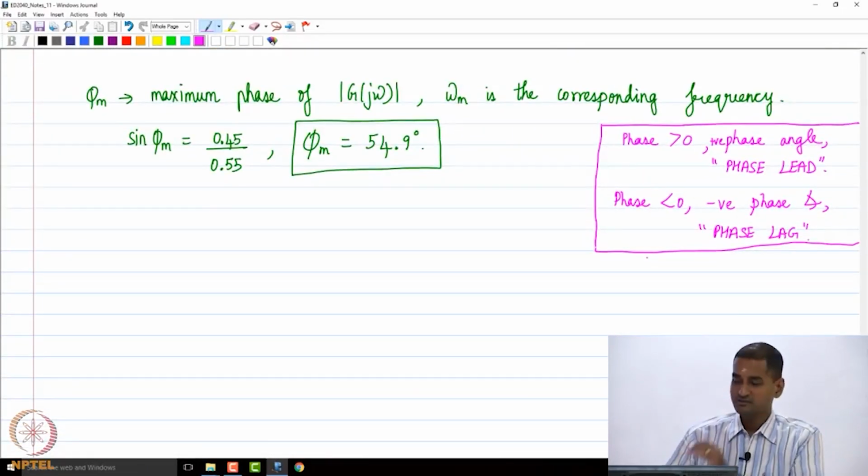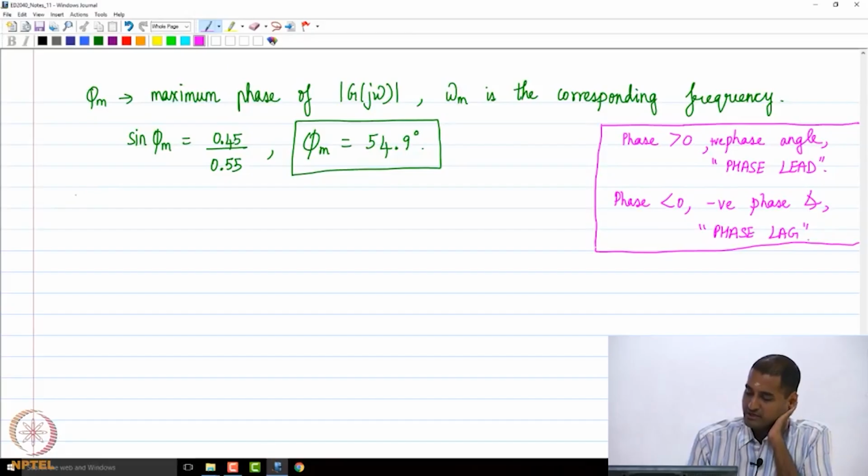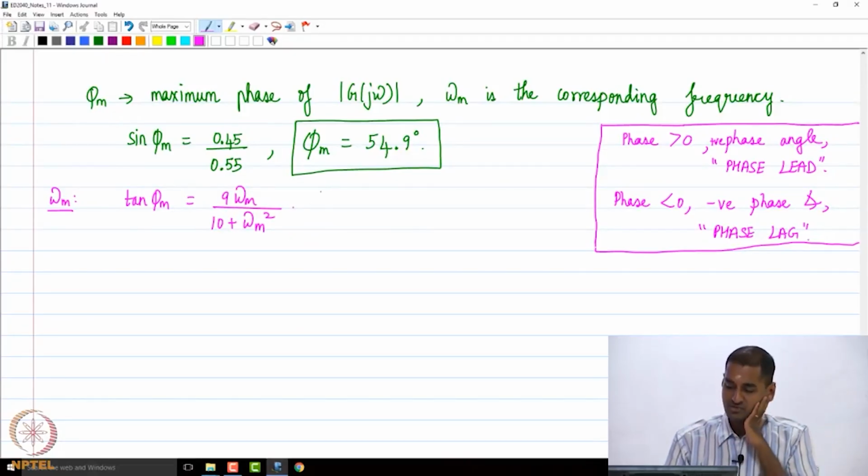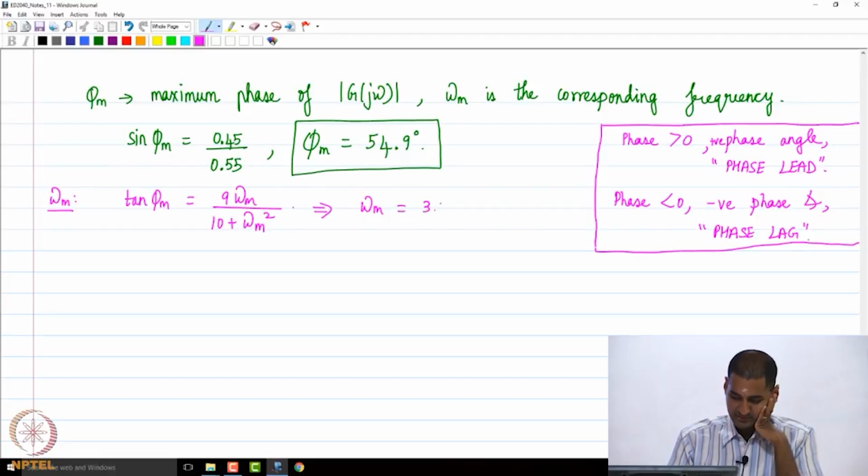So for finding omega m, tan phi m is equal to 9 omega m divided by 10 plus omega m square. If you solve this, you will get omega m equal to 3.162 radians per second.